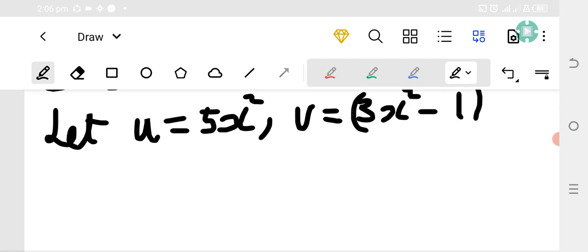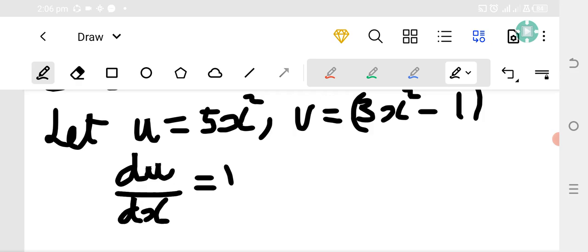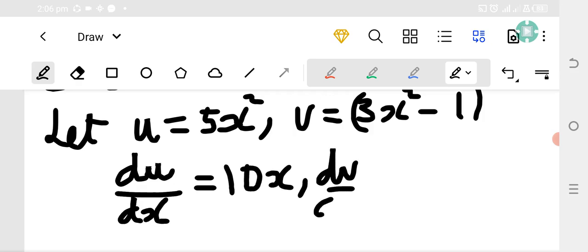Then if we differentiate the functions individually, we are going to have du/dx is equal to 10x. dv/dx is equal to what?